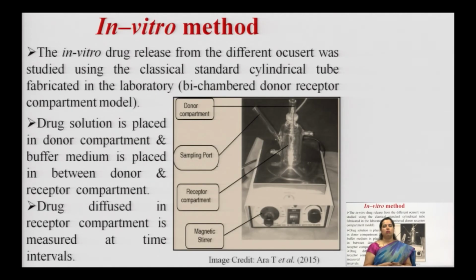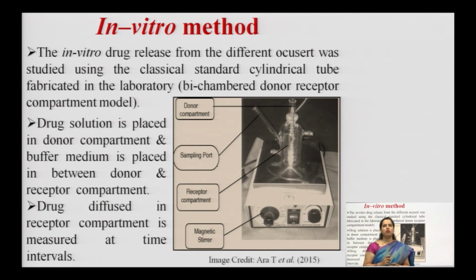Now, we will talk about in vitro methods. You have heard that in vitro drug release can be obtained using a basket type apparatus, dissolution apparatus type 1, type 2 as per IP, USP and BP. But how do we evaluate the in vitro release for these ocular films or any type of films or inserts?